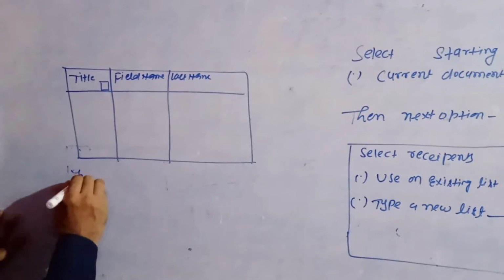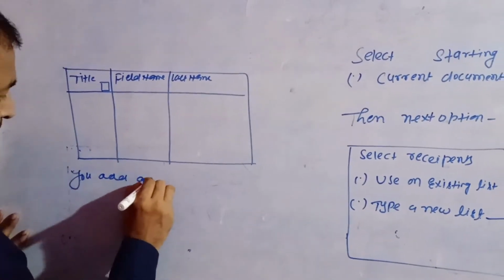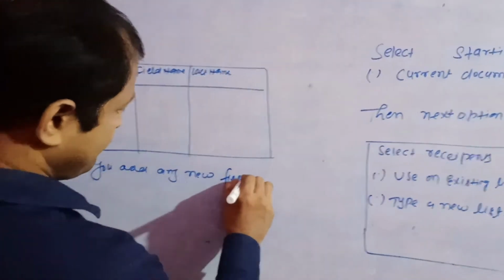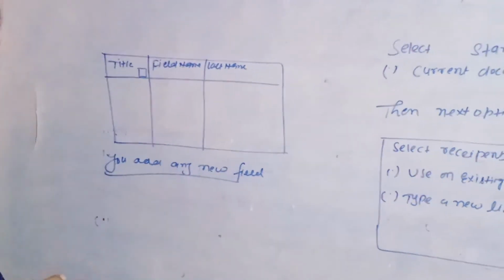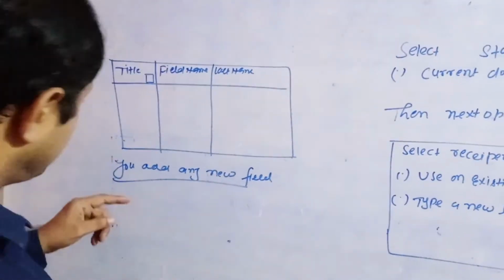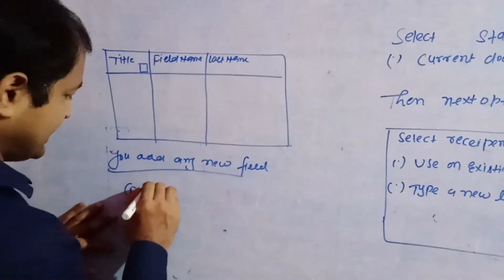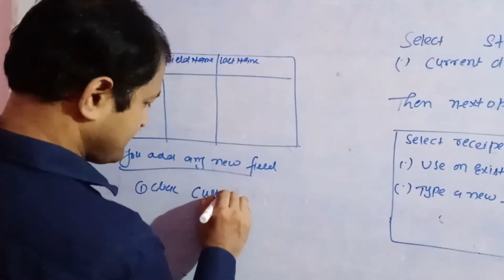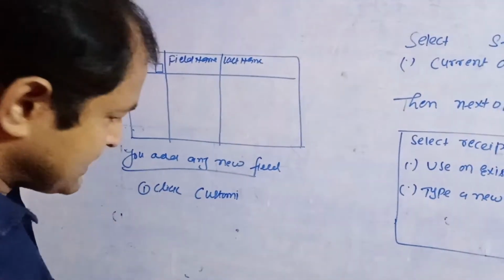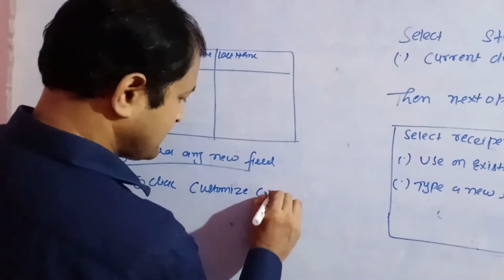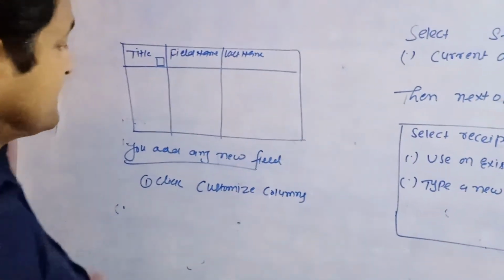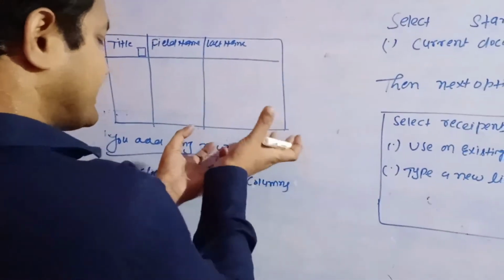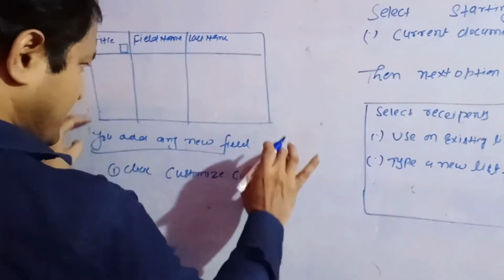You add any new field, just click, then click customize columns. This customize columns option is in the lower part of this window.